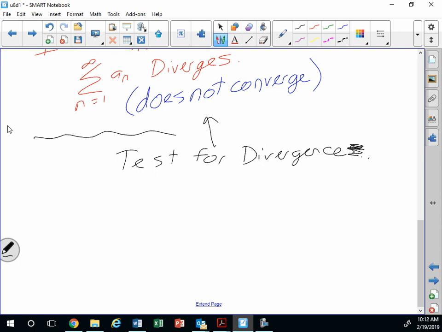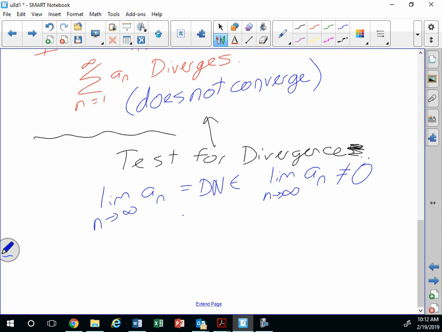If you get the limit as n approaches infinity of a sub n does not equal 0, so it equals like 5, if it doesn't equal the number 0, then you guarantee that this series diverges.